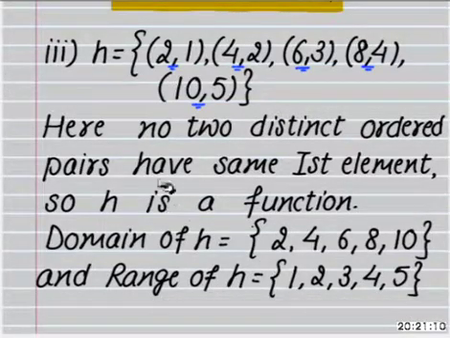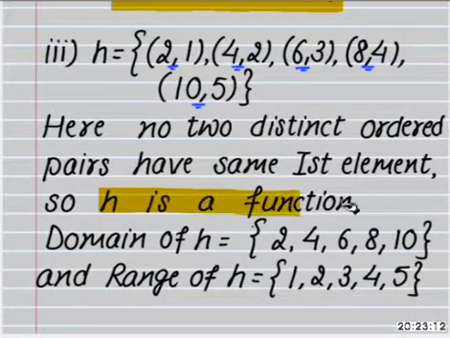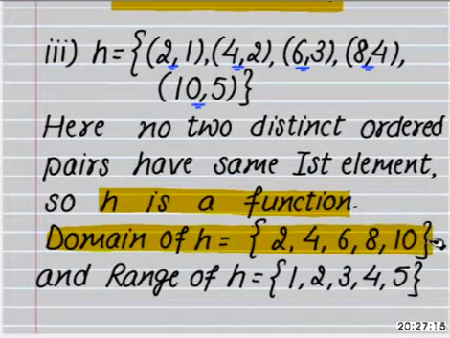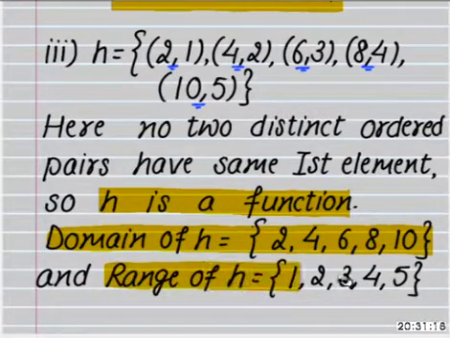So here H is a function with domain as set containing elements 2, 4, 6, 8 and 10 and its range is the set containing elements 1, 2, 3, 4 and 5.